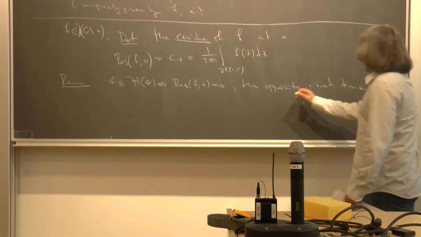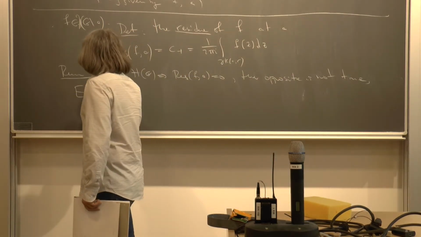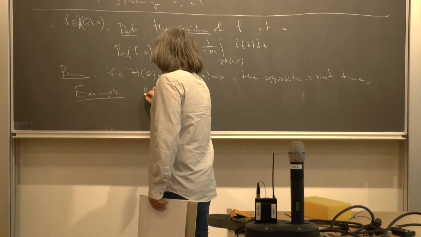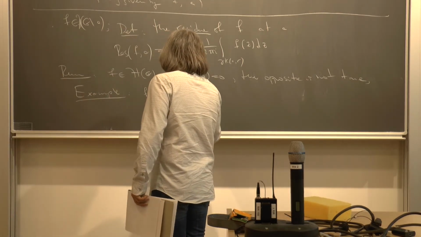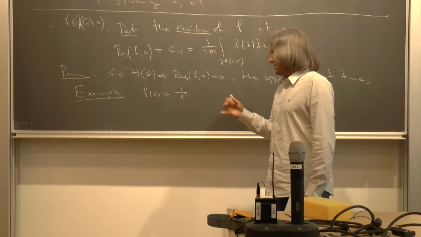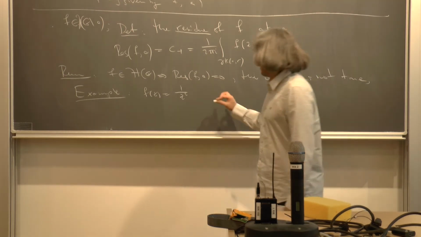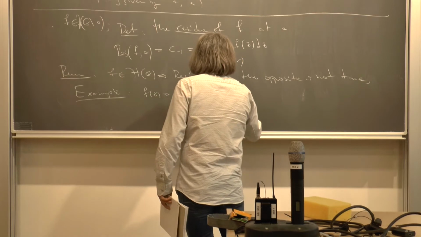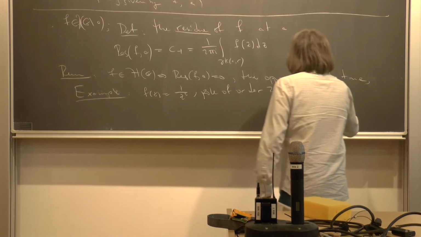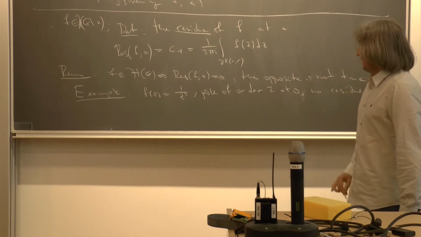So the opposite is not true, and the example is here. You can take f of z to be 1 over z squared, and then it will have a pole of order 2 at 0, but no residue, for obvious reasons. Good.